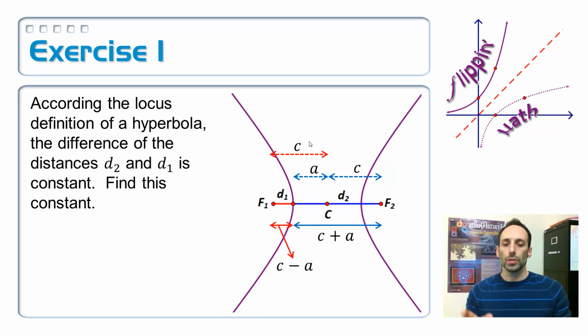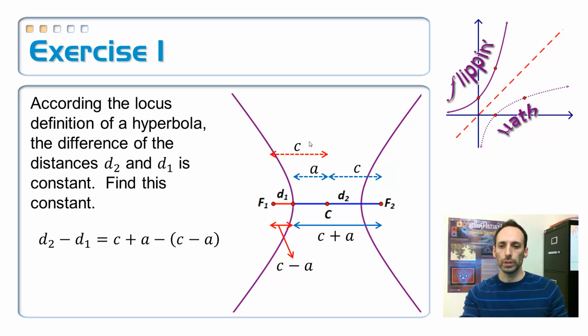Now, according to the definition, d2 minus d1 has to be constant. So let's write down d2 minus d1 and substitute in the expressions we found with a's and c's. d2 is c plus a, so put c plus a in its place.